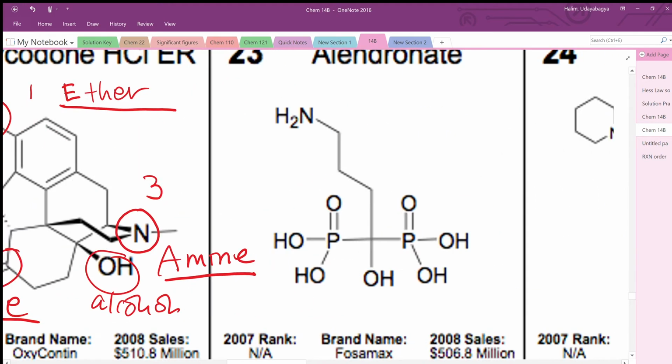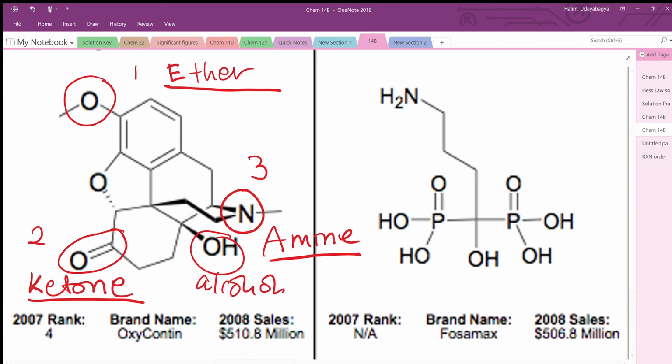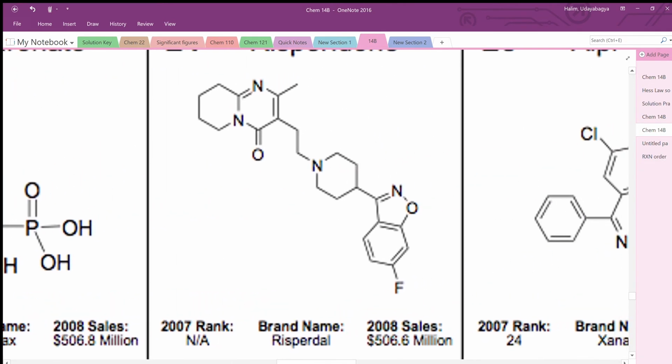This one is specifically a tertiary amine, because there's one carbon, another one, and three, so it is a tertiary amine. But if you just call it amine, that's just fine too.